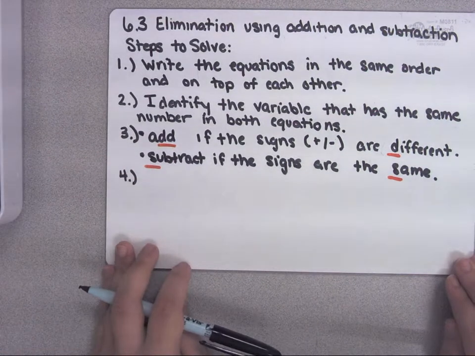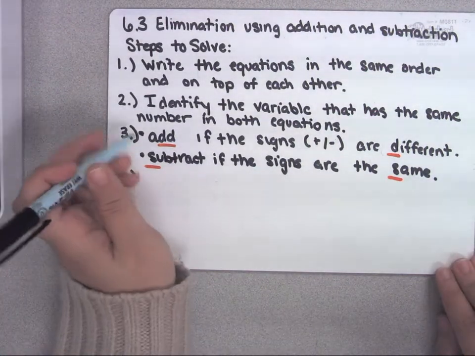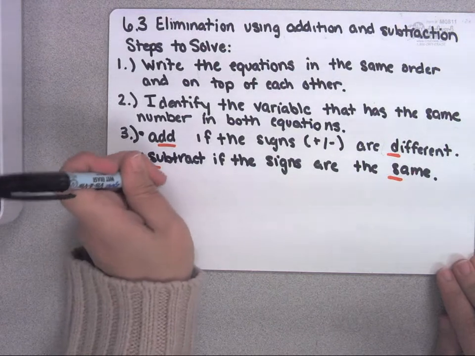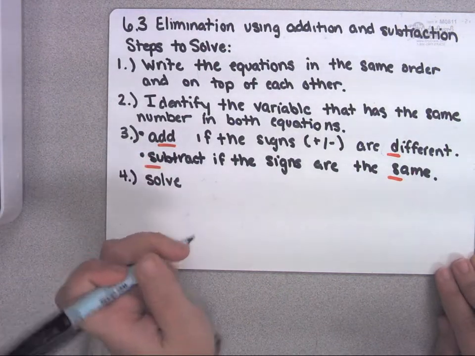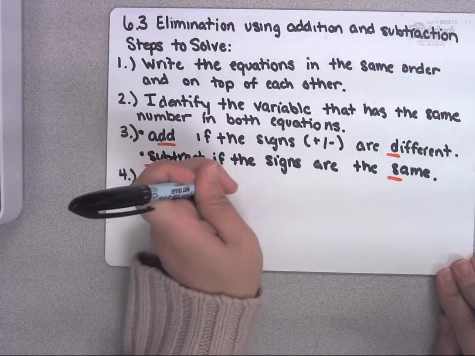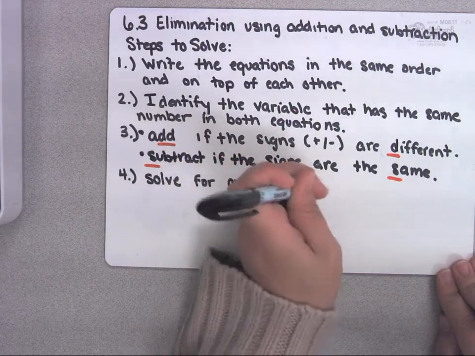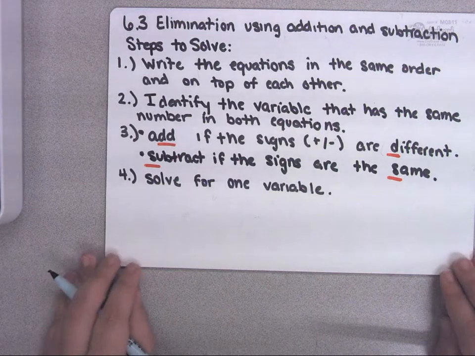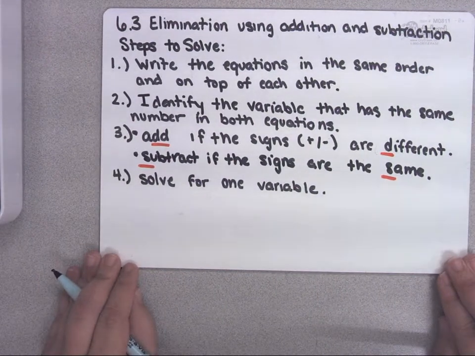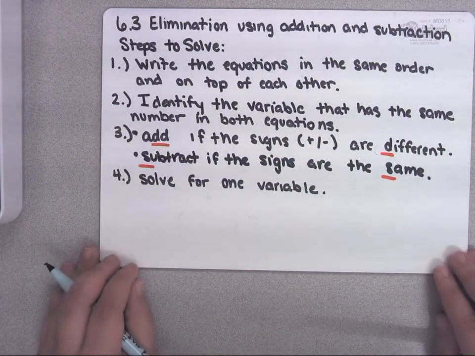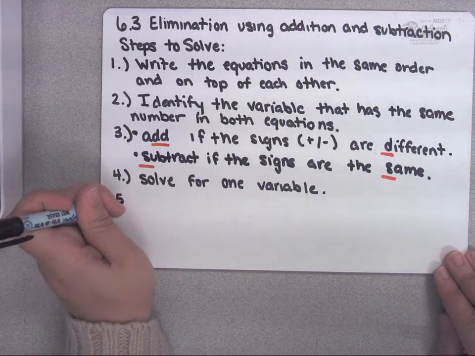Step 4. Solve for one variable. Step 4 is pretty easy. Solve for that one variable after we add or subtract down. Step 5.